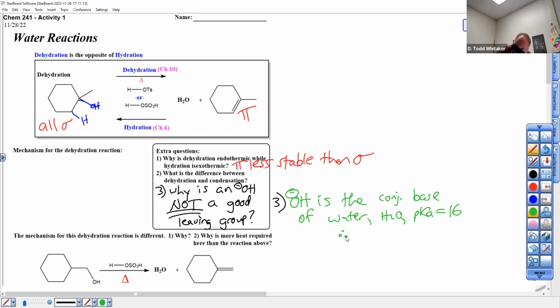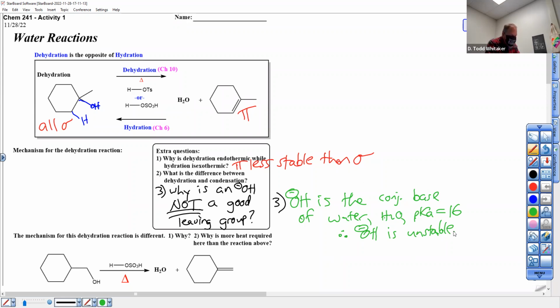Because the pKa is 16, OH minus is unstable. Okay, it's not a good leaving group. So conjugate bases of strong acids, like she said, are the excellent leaving groups.